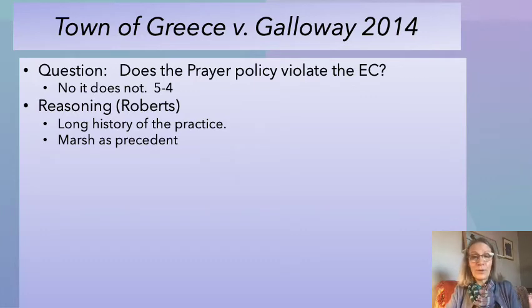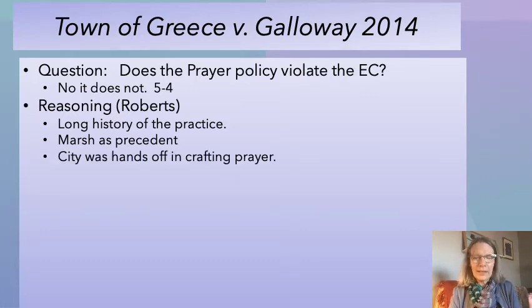That's the case about the Nebraska state legislature. They also said there were other features of this policy that meant the city was not violating the Establishment Clause. The city was really hands off in the prayer. They didn't review the prayer and they didn't write the prayer.